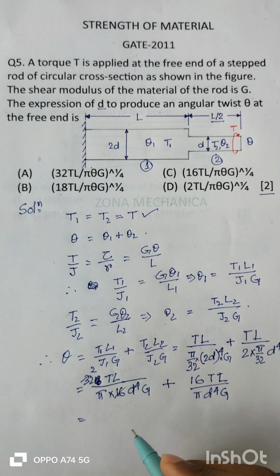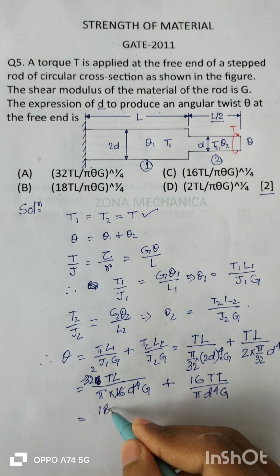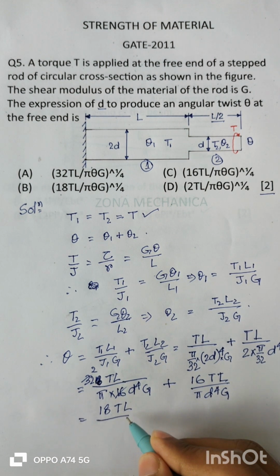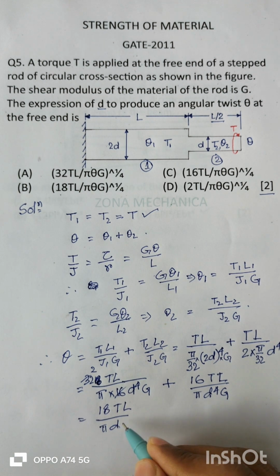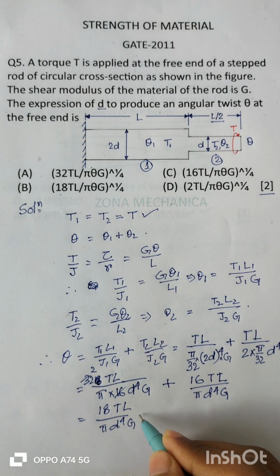So 2 and 16, that is 18 TL by pi D to the power 4 G.